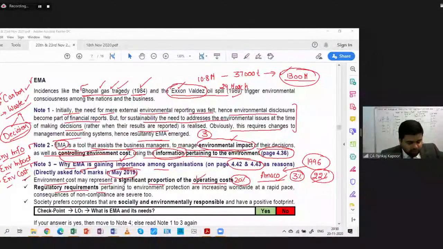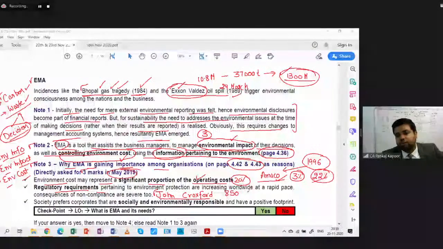One example is taken in the study material, and the company which the study material took as an example is John Craxford. The European Union applied a penalty on this company, and the amount of the penalty was £85,000.